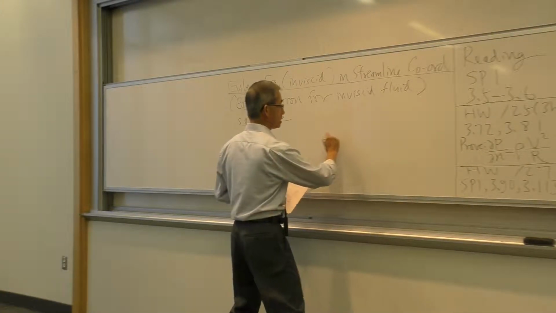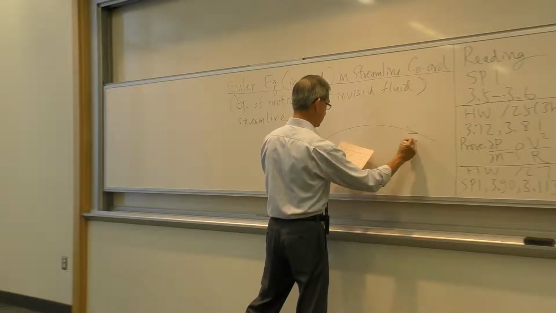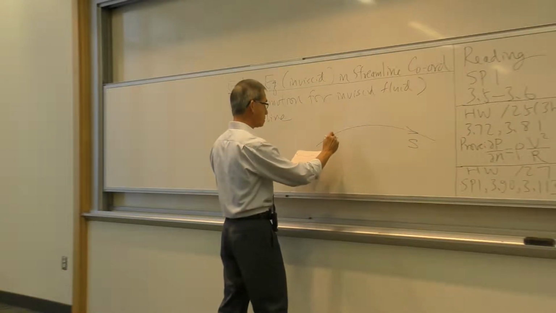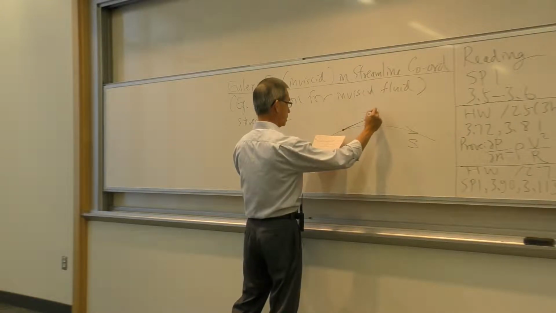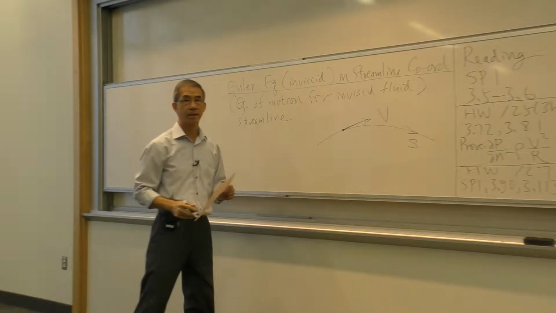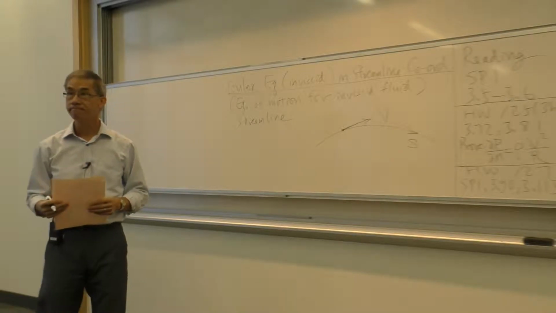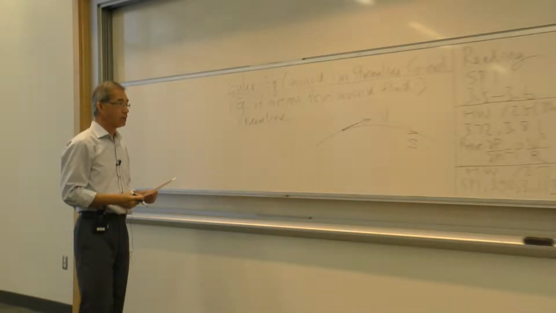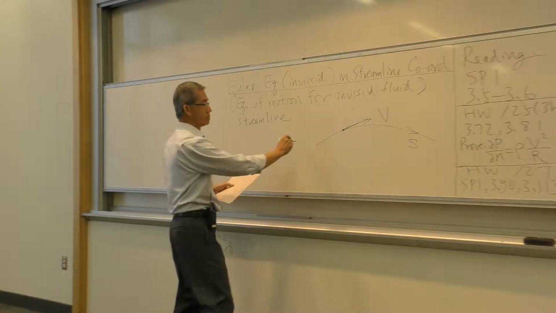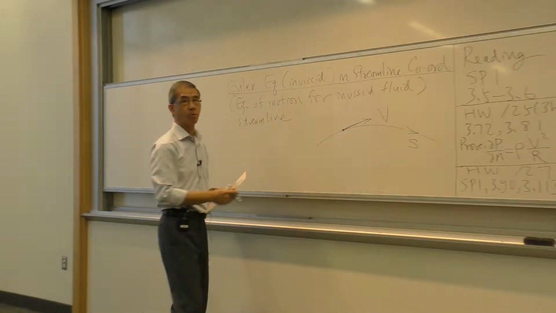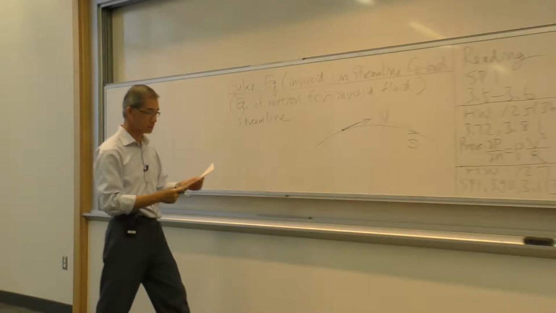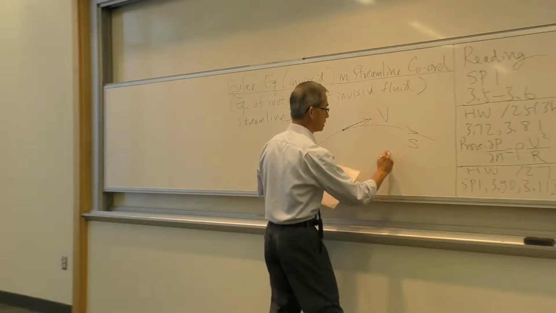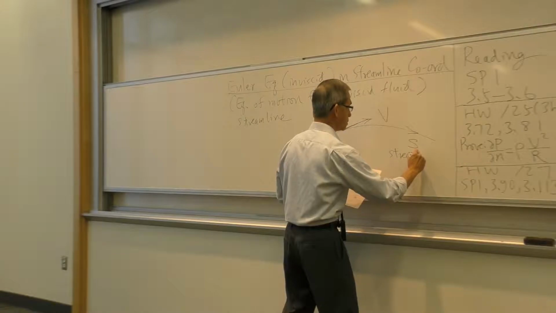So let me define that coordinate. What do I mean by streamline coordinate? So I have a flow pattern identified by what is called a streamline, and this consists of a locus or array of points that if I join all together, I call that the streamwise S direction.